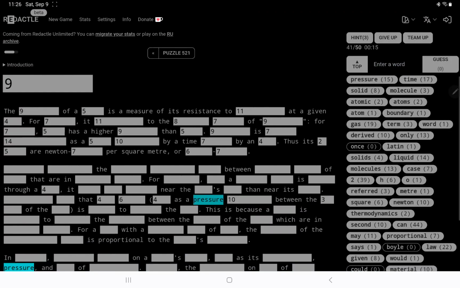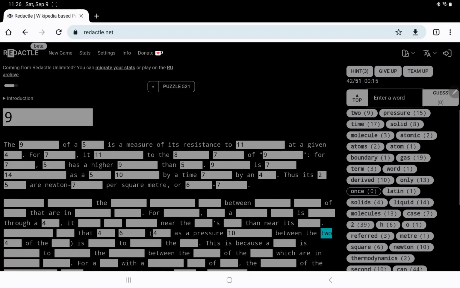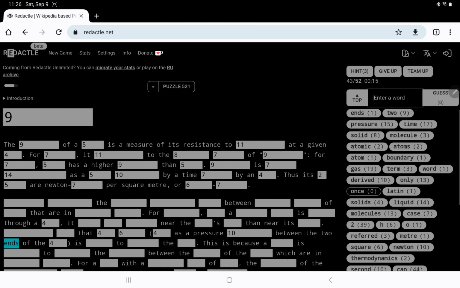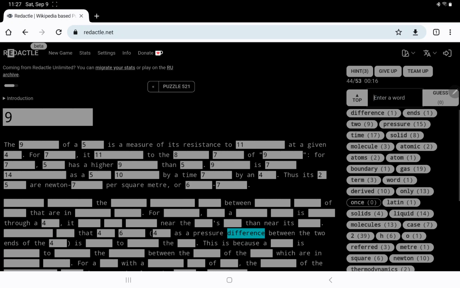Something as a pressure blank between the two, 4 of the 4. The two ends. Oh, it is between the two ends of the. Is this a pressure difference? Yes. Seen? No.